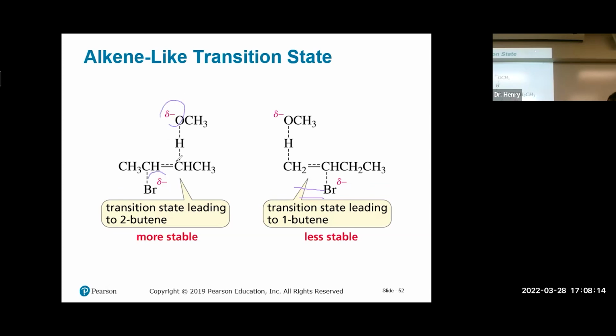This one is going to lead to our 2-butene, and again, we talked about those resonance structures. Well, this is going to lead to our 1-butene. This structure here is going to be less stable, again because of all of these products that are going to be attached here, where the hydrogen is trying to bond to that carbon or be removed from that carbon.